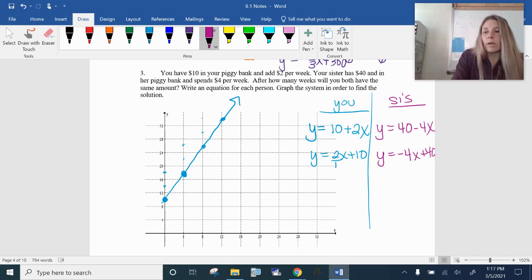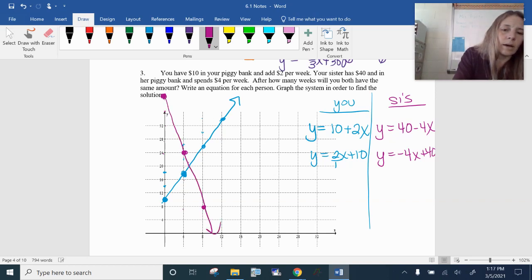The sister, on the other hand, she's starting at 40, which is off the grid somewhere. So this would be, I think, right around there. I guess I didn't make my graph big enough. And then we're going to go down 1, 2, 3, 4 over 1.